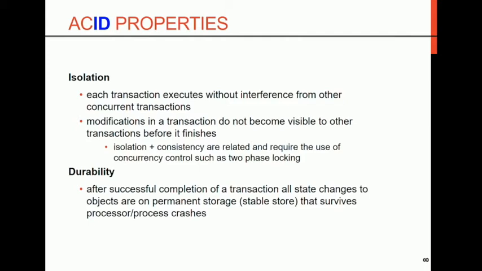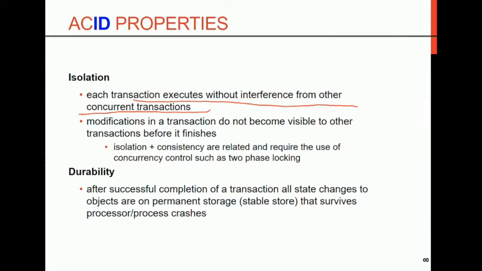Each transaction executes without interference from other concurrent transactions, and that's something that we need to guard against. As we said previously, you have a database system, and there are going to be multiple attempts to access that database. So we need to be able to isolate those transactions from each other and make sure that they each access the system independently, so that we don't break the consistency property.